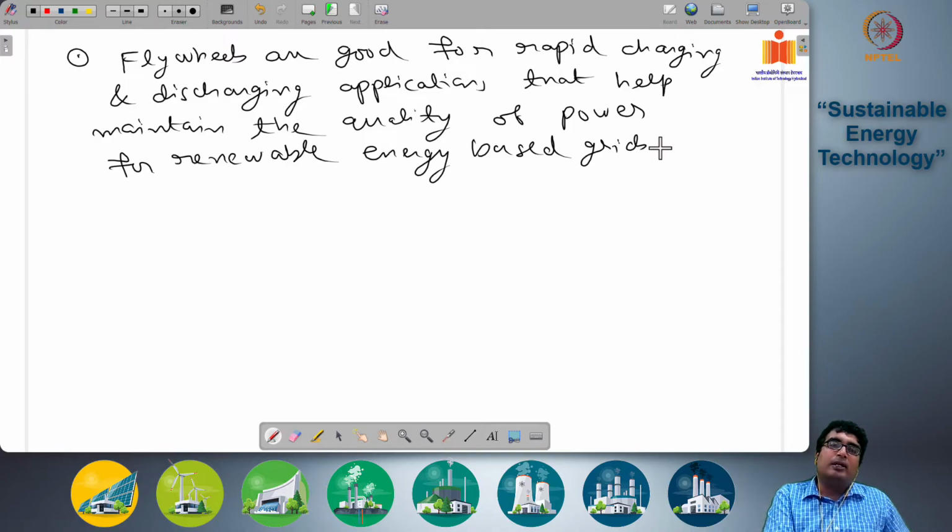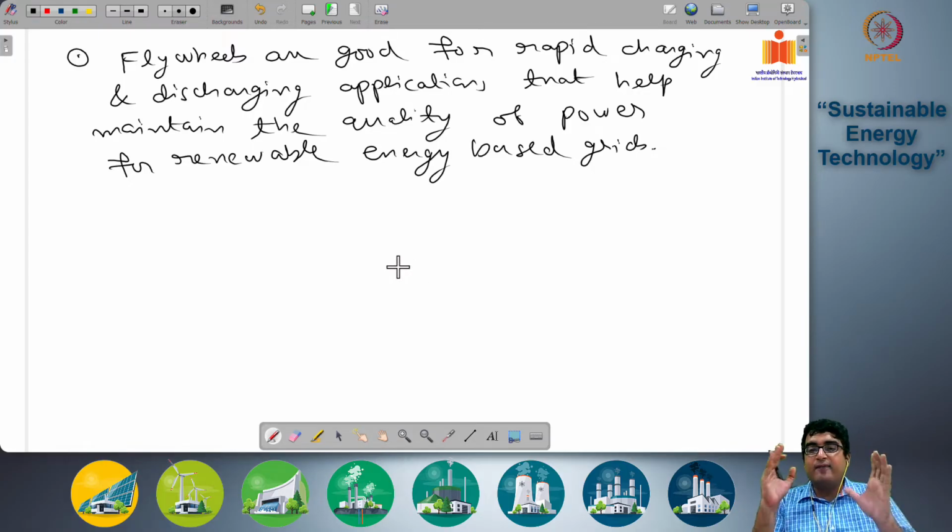So if the supply is going up and down, just as it happens during the intermittency effects of a wind turbine or a solar power plant, you can use the flywheel system to stabilize the shaft velocities and hence give a uniform voltage and amperage supply to the grid. So this helps maintain the quality of power of the renewable energy based grids in the system.